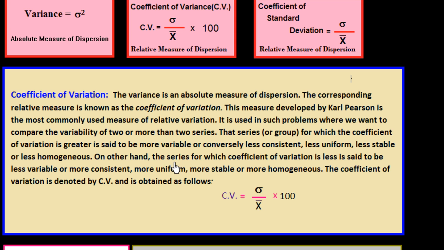On the other hand, the series for which the coefficient of variation is less is said to be less variable or more consistent, more uniform, more stable, or more homogeneous.